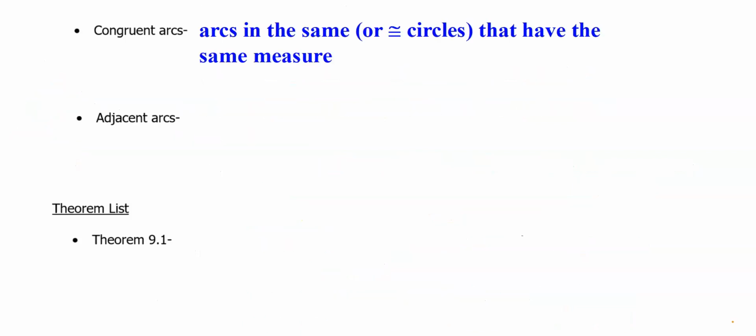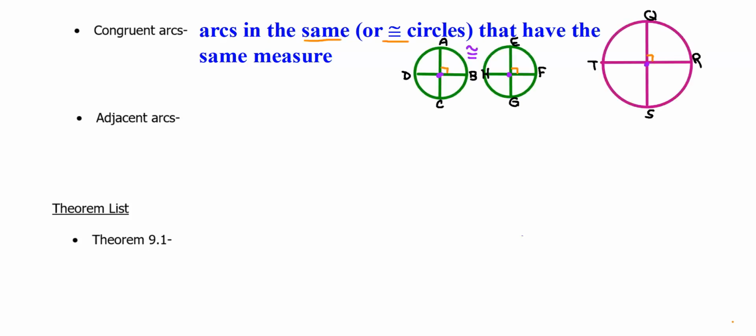Okay, so now I have drawn some circles here, and I just want to point out what congruent arcs look like. Say, for example, I tell you my 2 green circles are congruent. I can say any one of the 4 arcs, AB, BC, CD, or DA would be congruent because they are all 90 degrees in the same circle.